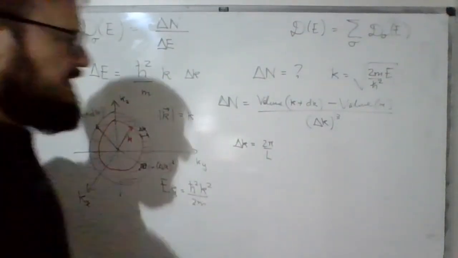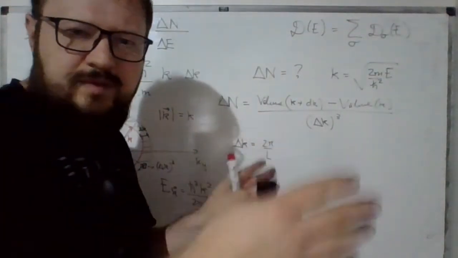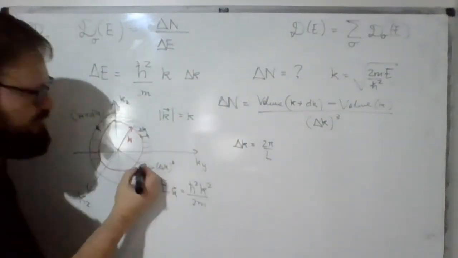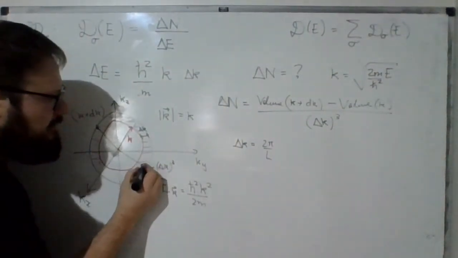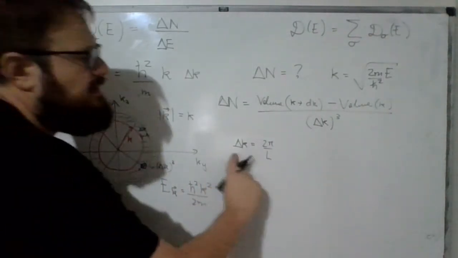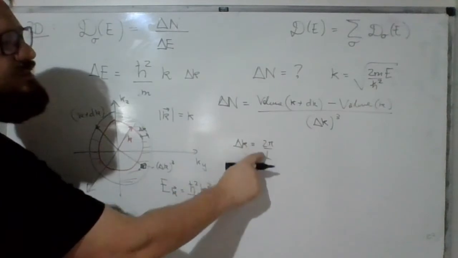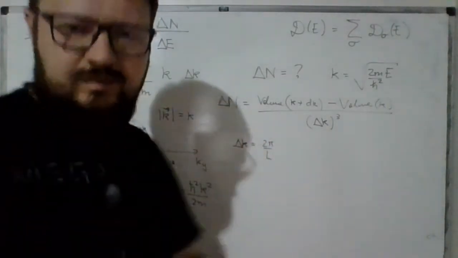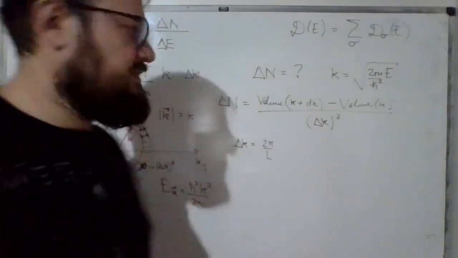If you have a cubic volume in real space, you have a small cube in the k space, and the smallest k value corresponds to 2 pi over L. This is the same as one dimension, but now you have three dimensions.